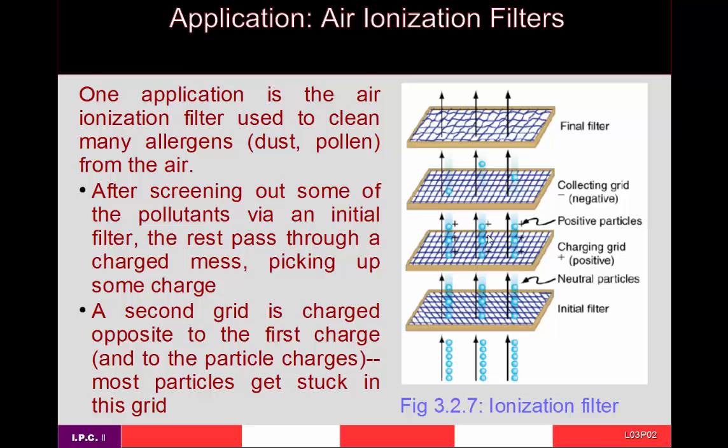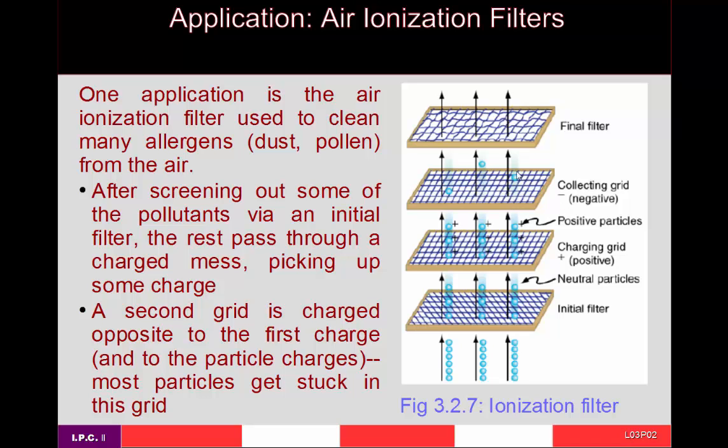So they're positively charged. We then place a second grid that is negatively charged. That ends up stripping out some of these now ionized particles. They basically bond with the negatively charged molecules in the second grid.